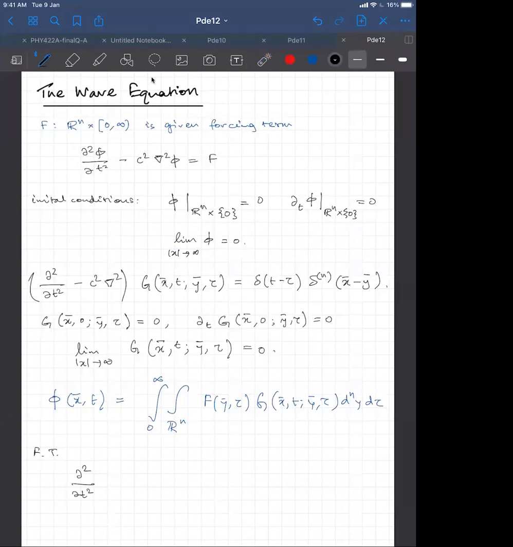If we do that, we get del squared over del t squared of g tilde of k, t, y, tau, plus mod k squared c squared g tilde of k, t, y, tau. Remember that we are Fourier transforming only the x.